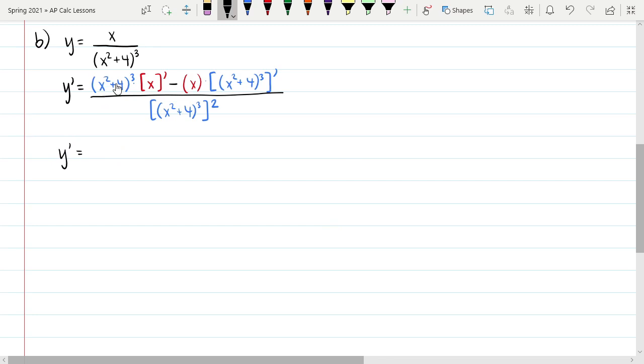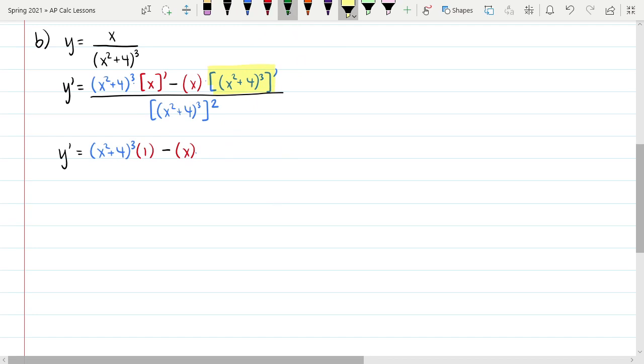Within the quotient rule, I've got x squared plus 4 to the third power times the derivative of x, which is just 1, minus we have an x times, now right here, the derivative of x squared plus 4 to the third power.